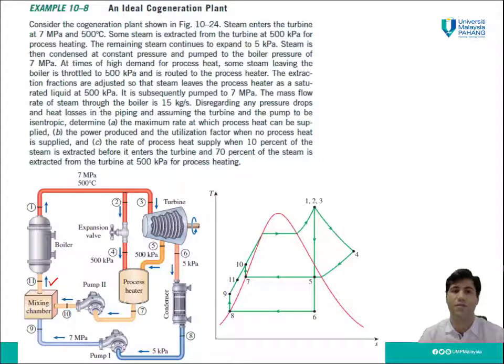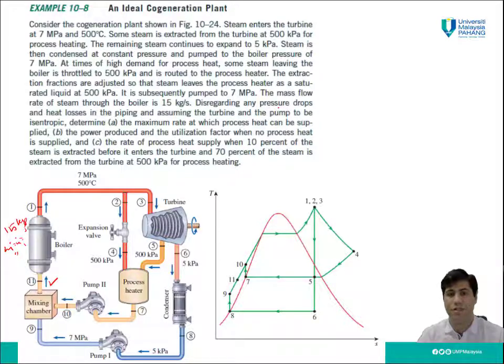The mass flow rate of steam through the boiler is 15 kilograms per second. So here, m-dot for the boiler, m-dot 1, equals 15 kilograms per second.